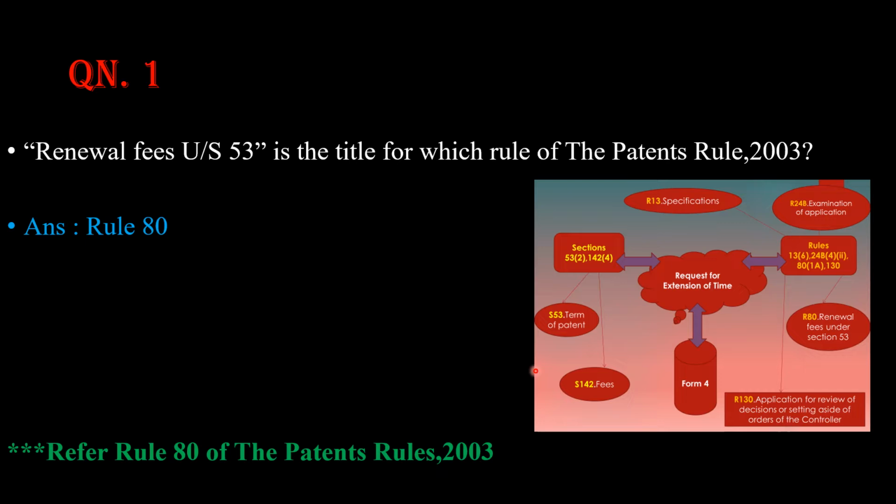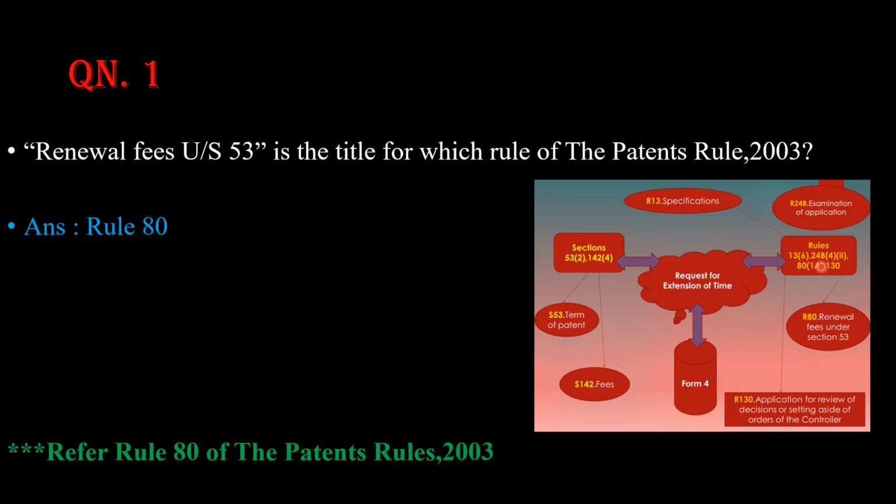Also, you can go to the slide that I used in my first lecture video to refresh our memory. Here we can see Form 4, that is request for extension of time. The relevant sections are 53 and 142, where 53 is term of patent, 142 is fees. Similarly, the rules. Rule 13 is specifications.